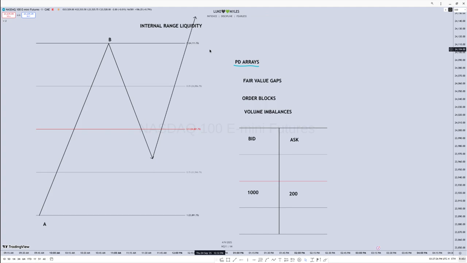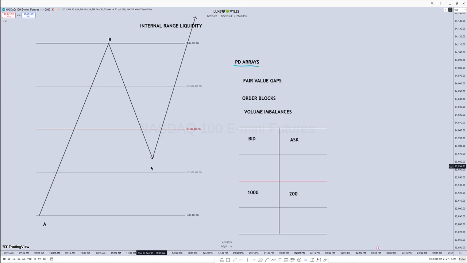These are areas where a lot of orders were punched in. These orders will act as fuel for the market, just in case the market makers don't have enough fuel to sponsor the next coming move. I hope you understand. So the mechanics of all these PD arrays is that the market has to come and pick the unfilled orders in them and continue in the direction it goes to.